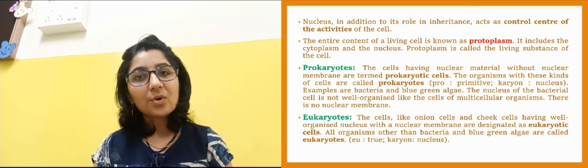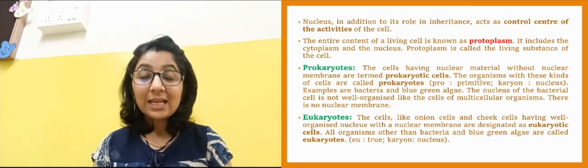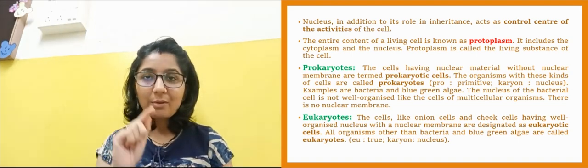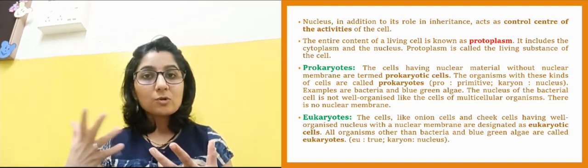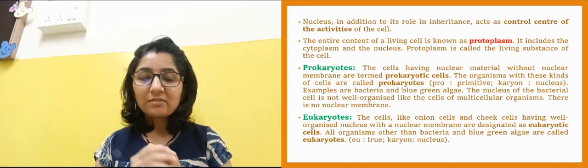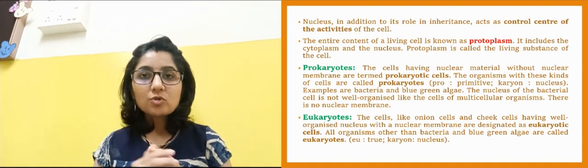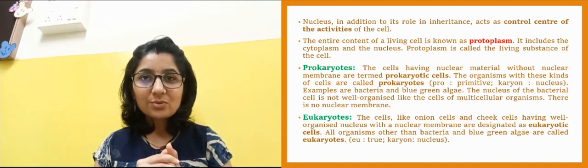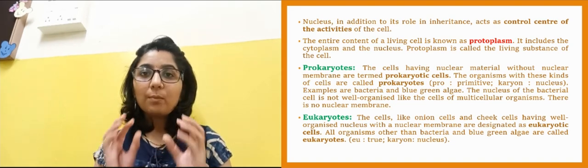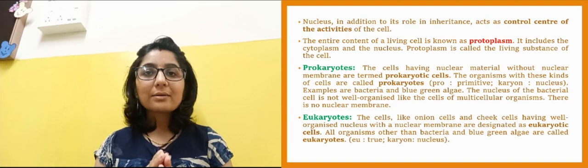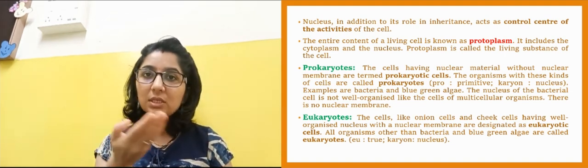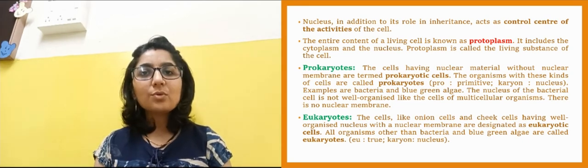Then what are eukaryotes? The opposite of that. Like we have seen the onion cell, it had a proper nucleus, we could see a rounded nucleus. Also the chick cell, which we had taken from the chicken in the activity, had a proper well defined nucleus, if you remember. So those cells which have a proper nuclear membrane are called eukaryotic cells, and the organisms which possess eukaryotic cells are called eukaryotes.